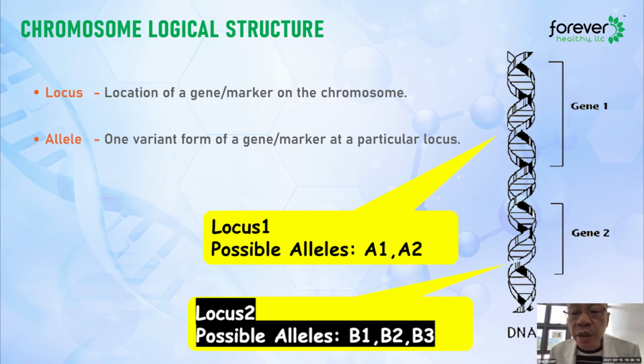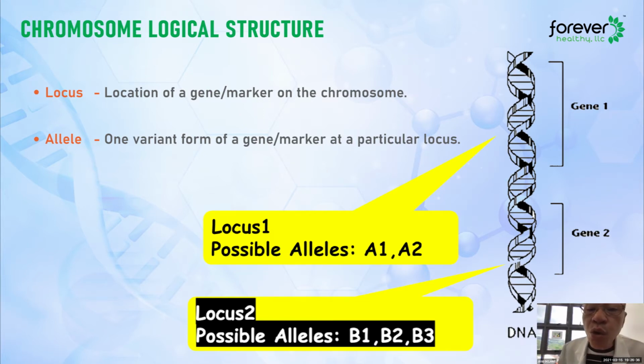Take note, there is a pair of genes in every chromosome because one member of the pair comes from the mother, one member of the pair comes from the father. That's why all genes occur in pairs, and we call it allele. I repeat, allele.